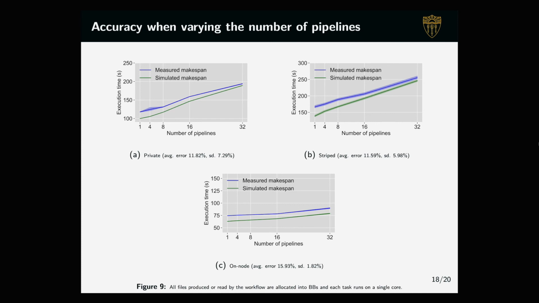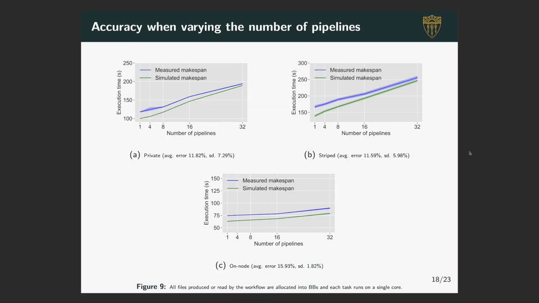The average error is a little bit higher because we do not fully take into account the contention, but it's still under 15%, so it's quite good. The standard deviation is around 7 to 5% for Cori and under 2% for Summit. So Summit is very stable due to its private aspect.